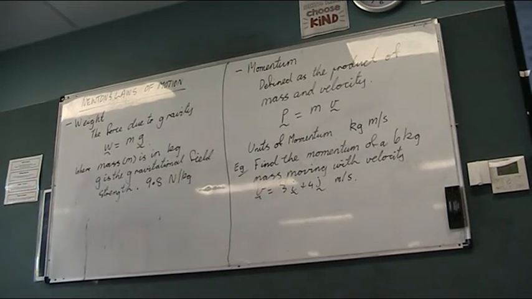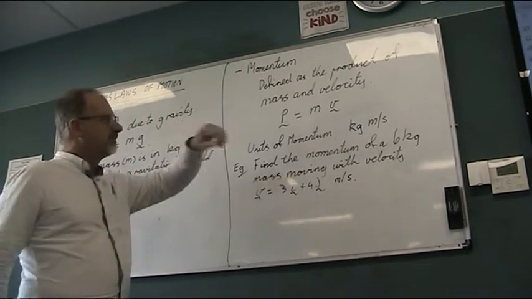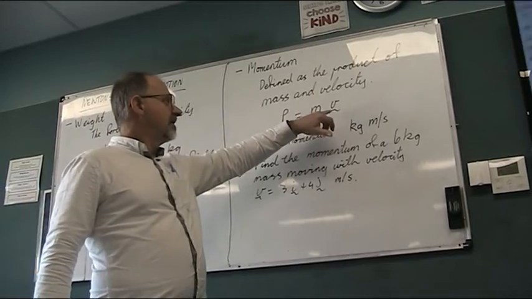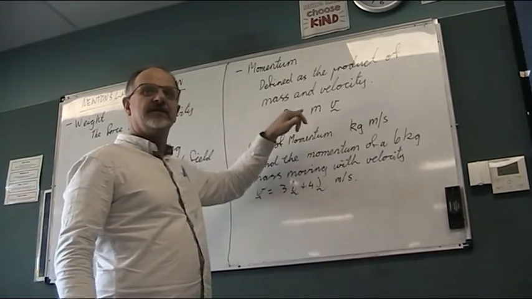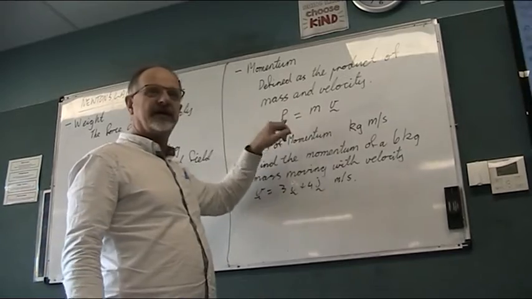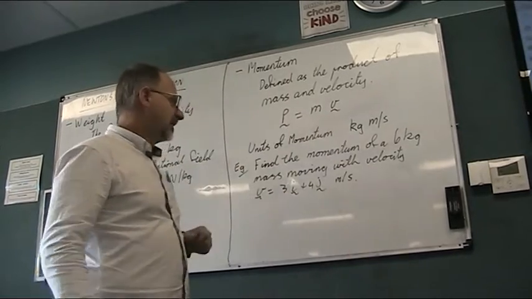So we can have our momentum with mass times velocity, so we can have these things written in terms of i, j or i, j, k.